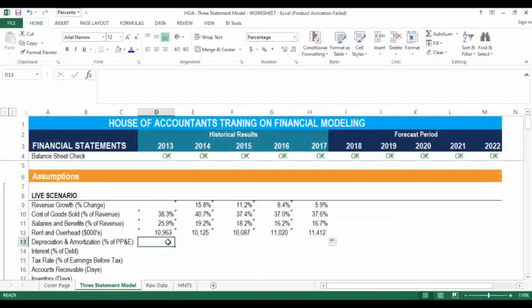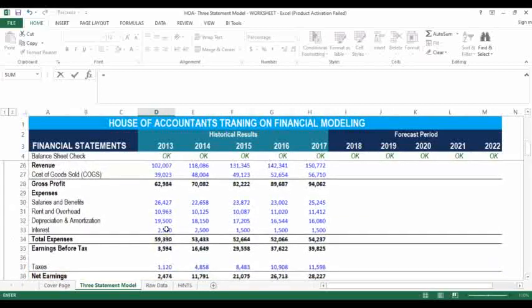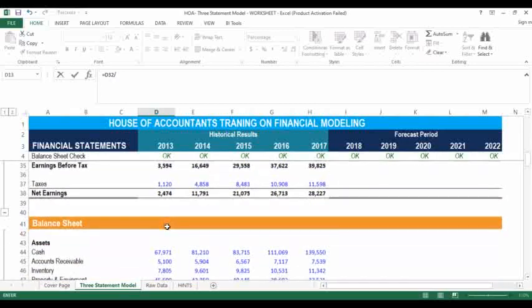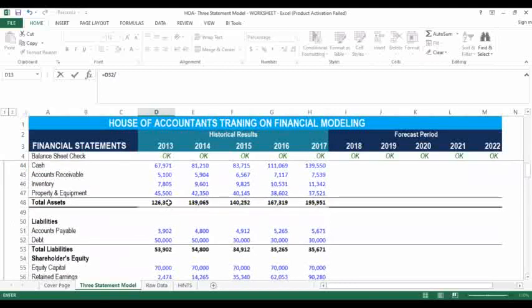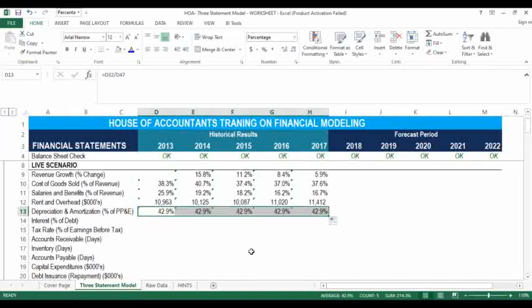So we are going to say depreciation, which is under the income statement, divided by the PPE, which is this. And we get this, 42.9. So just drag it down and you are good to go.